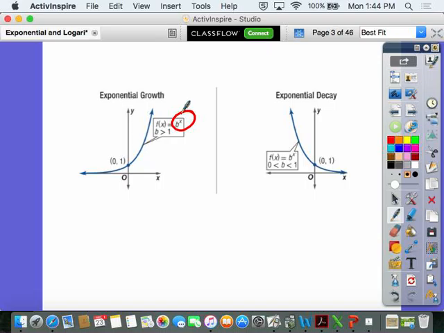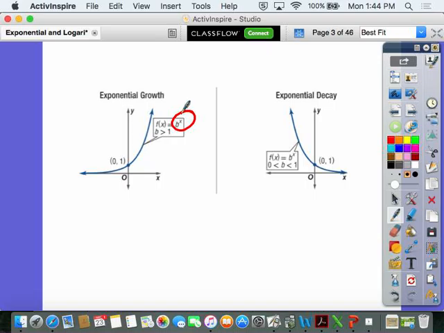What's the domain of either of these? Negative infinity to positive infinity. What's the range? 0 to infinity. Is 0 included? No, because there's an asymptote there. The only thing that really differs between them is that one's growth and one's decay, which means their end behaviors are going to be different.